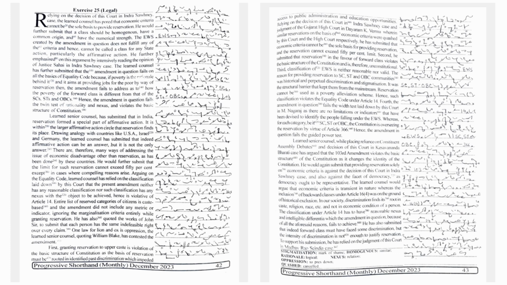Fourth, the amendment in question fails the width test laid down by this court in M. Nagaraj, as there are no limitations or indicators that have been devised to identify the people falling under the EWS, whereas for each category, be it SC, ST, or OBC, the Constitution is overseeing the reservation by virtue of Article 366.